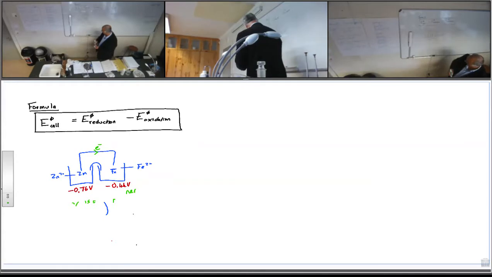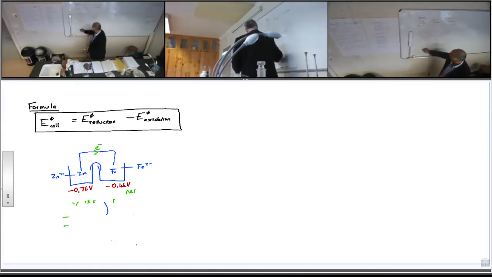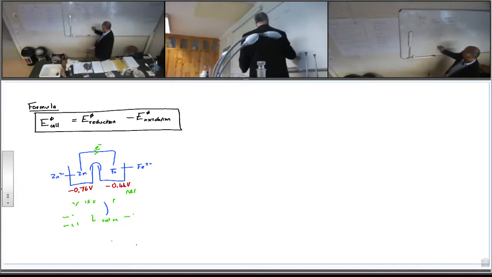And now it's easy to work out. What's your formula? Not E0, E naught cell equals E naught reduction minus E naught oxidation.